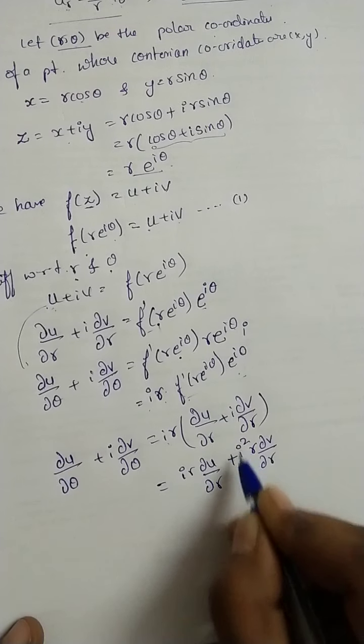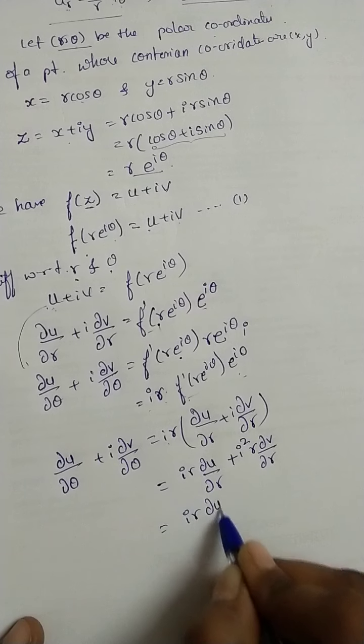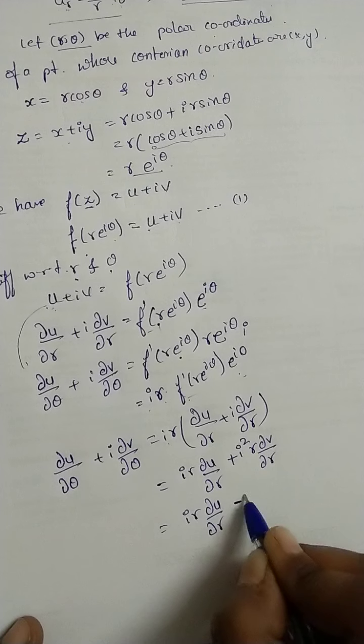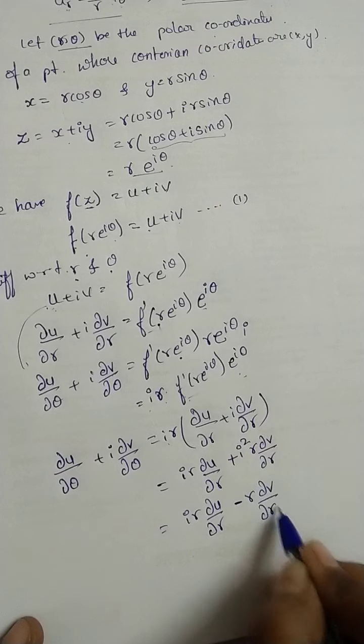Now i squared is negative 1, so minus r ∂v/∂r.